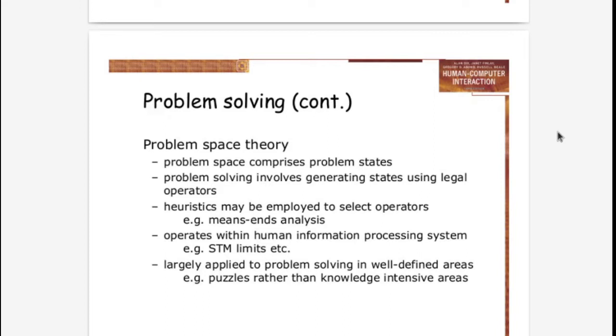But this problem space theory is applied to problem solving in well-defined areas like puzzles rather than knowledge-intensive areas.